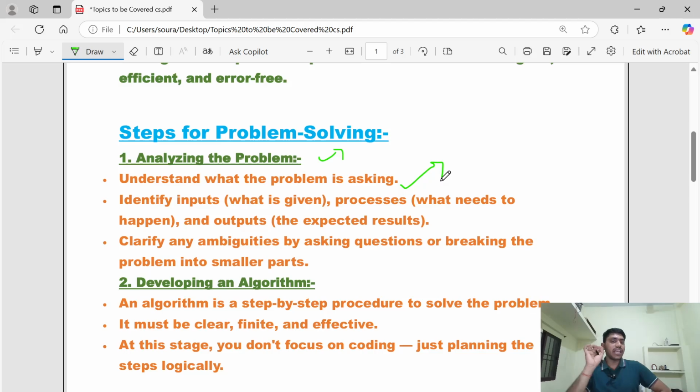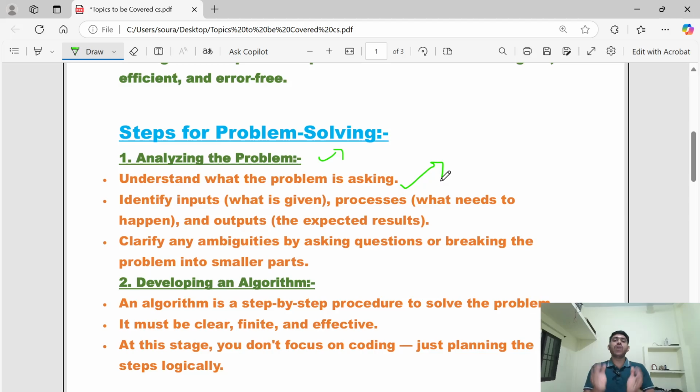Then identify the inputs, what is given, the processes, what needs to happen, and the outputs, that is the expected result. So three things we need to focus on. First is to identify the inputs. What are the inputs we need to give or that are already given?